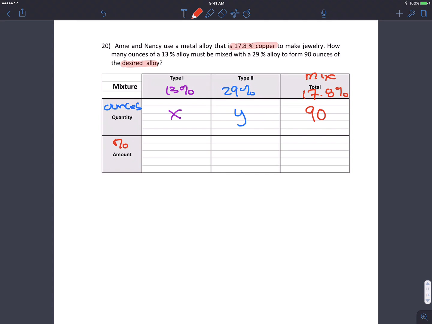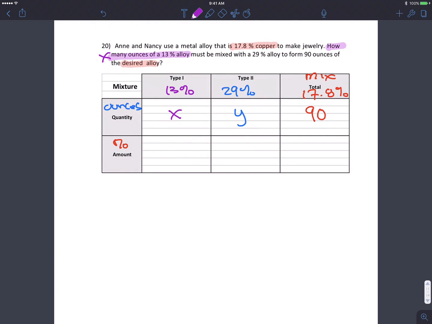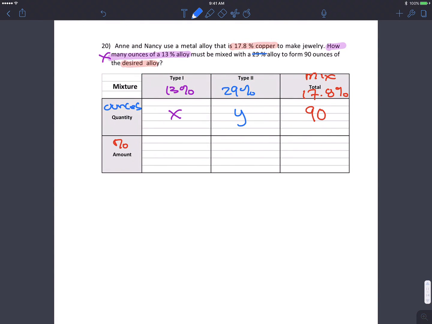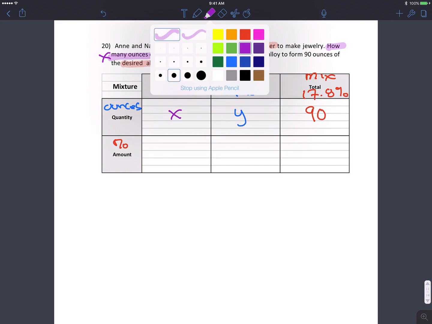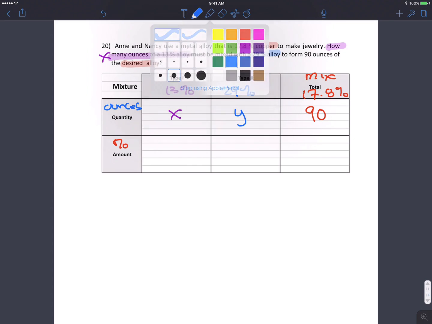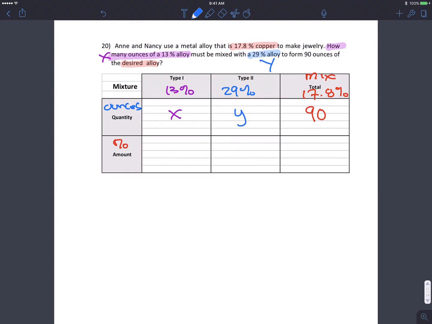And let's read this. We don't know, in purple, how many ounces of 13%. We're going to let that be X, the quantity. And then that's going to be mixed with a 29% alloy. We don't know the quantity there either. That's why we called it simply Y.